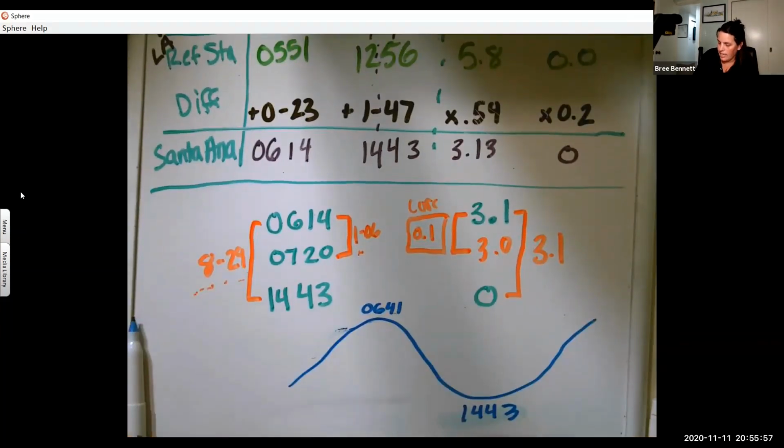If we are looking at a time that's very close to one of these, it's not going to be a huge difference. Remember, our middle times is where we're going to get that bigger difference.